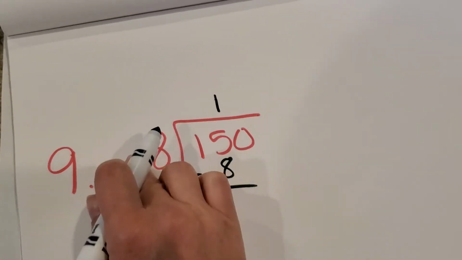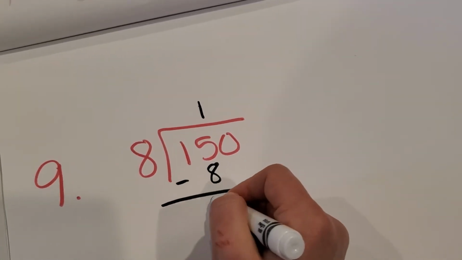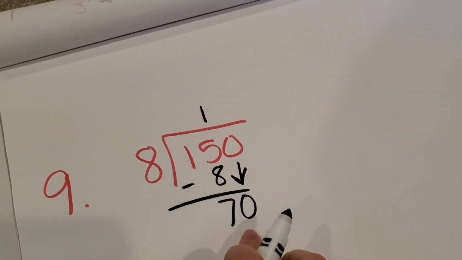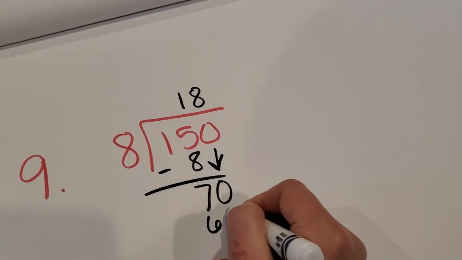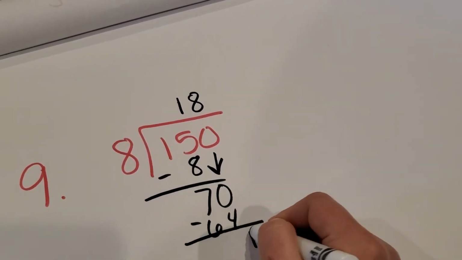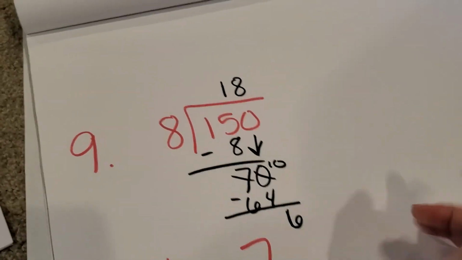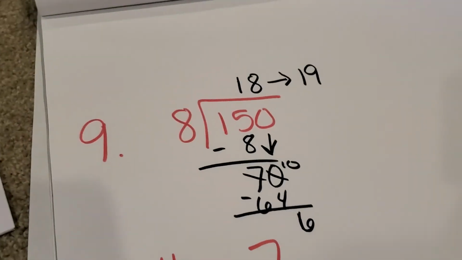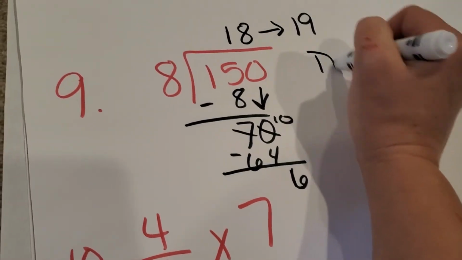Subtract. 1 times 8 would be 8, leaving 7. Bring down our 0. 8 goes into 70 8 times. 8 times 8 is 64, which leaves us with 6. That means they will have in between 18 and 19 beads because we have 6 left over, which is D.